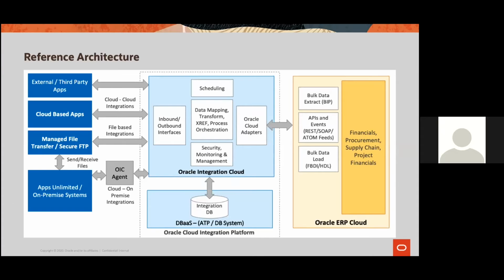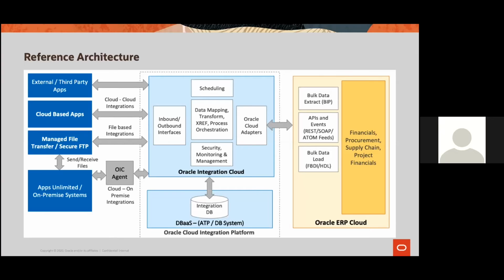It could be your FTP servers or on-prem systems that can connect to Oracle Integration through cloud-to-cloud integrations through HTTP. And if it's on-prem, you could use OIC agents to connect to your on-prem systems.